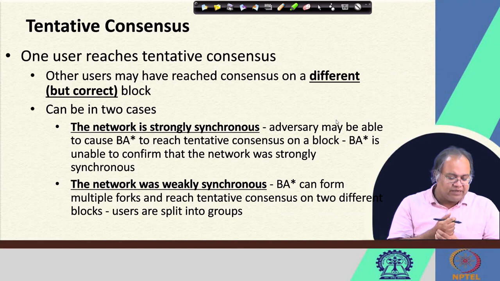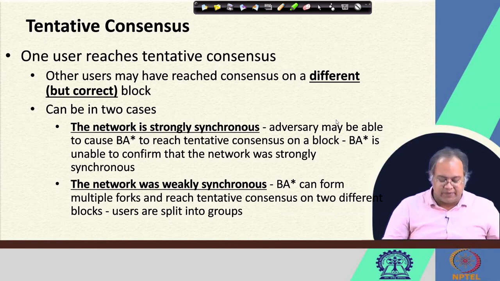So, this tentative consensus can occur in two cases. When the network is strongly synchronous, the adversary may be able to cause the Byzantine agreement protocol, B star, to reach tentative consensus on a block, because B star is unable to confirm that the network was strongly synchronous. And when the network was weakly synchronous, B star can form multiple forks and reach tentative consensus on two different blocks.